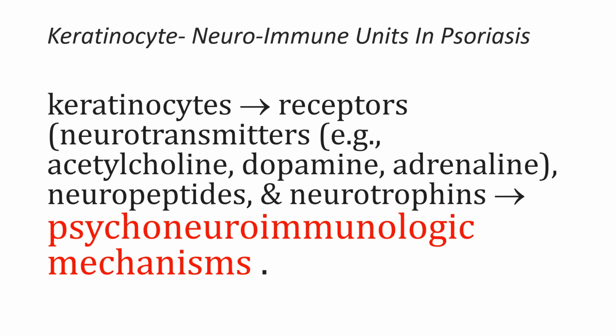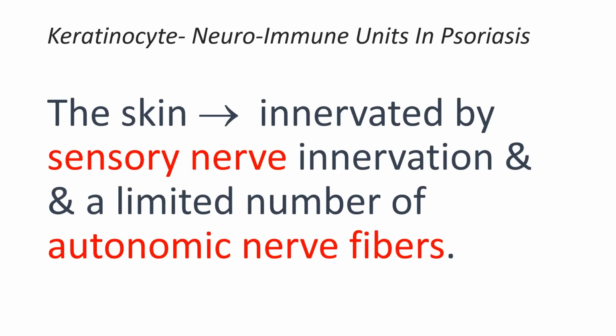Also, keratinocytes have receptors for neurotransmitters such as acetylcholine, dopamine, and adrenaline, neuropeptides, and neurotrophins, which are closely related to the psychoneuroimmunological mechanisms. Cutaneous nerves consist of both sympathetic and various sensory fibers. However, the specific functions of each fiber type remain uncertain.